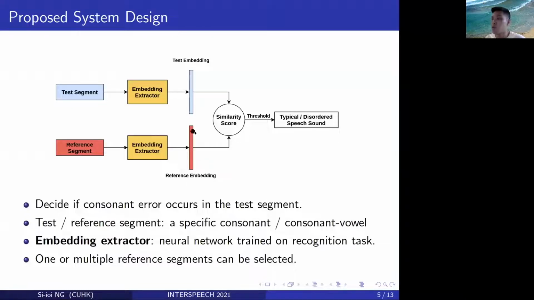After that, these embeddings are compared in a pairwise manner, and a decision threshold is applied to the similarity scores to make the final decision. Here, the reference segments are selected from the healthy speakers, and one or multiple reference segments can be selected during this pairwise comparison.